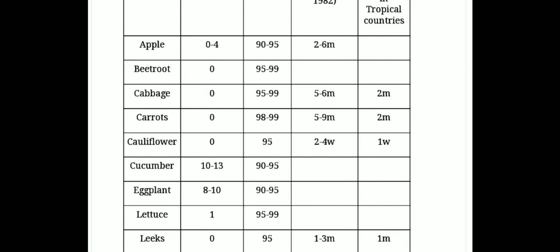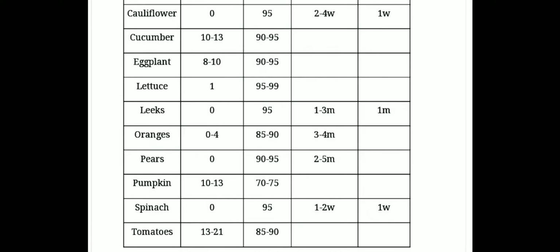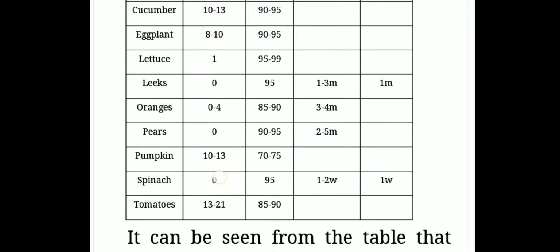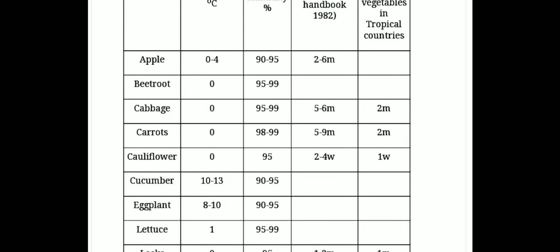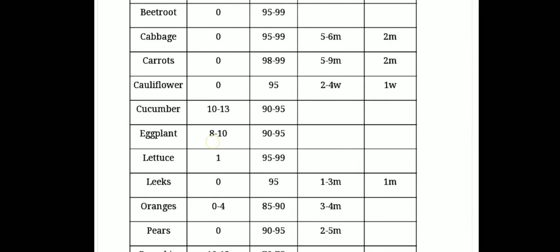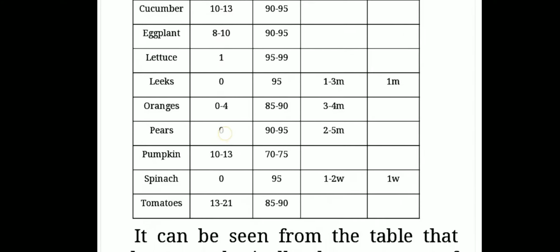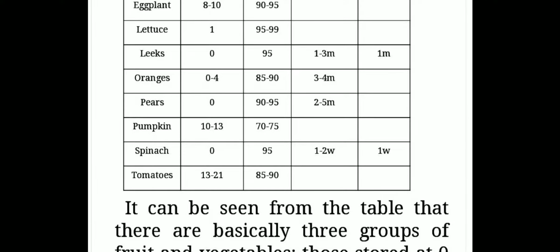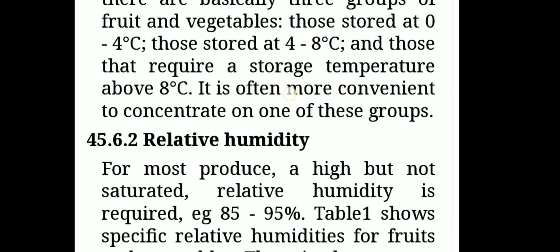Like we can store beetroot, cabbage, carrot, cauliflower, leeks, pears, spinach in one cold store with one temperature, that is 0 degrees centigrade. Likewise there are groups like apple and oranges that can be stored at the same temperature requirement.